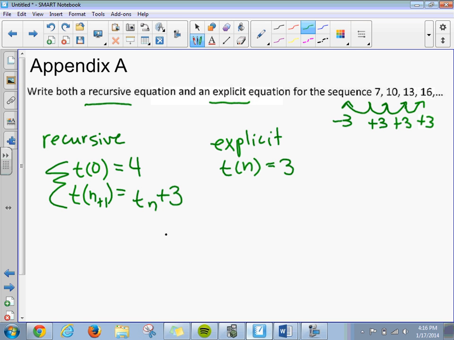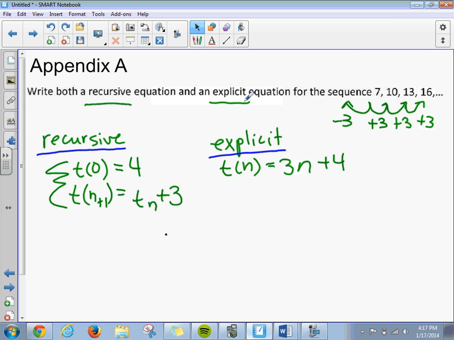So 3 times whatever term we're currently on, and then that starting value. What did we have to start with? In this case, it was a positive 4. So our explicit is going to look like a function, and then our recursive will be some type of rule on how we can generate that function. You will need to know how to find both recursive and explicit, so make sure that you can do both.